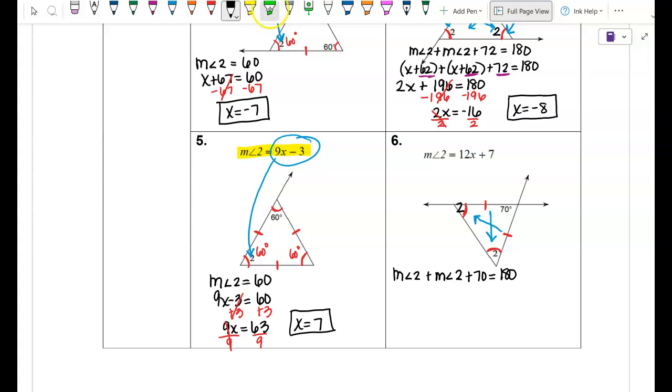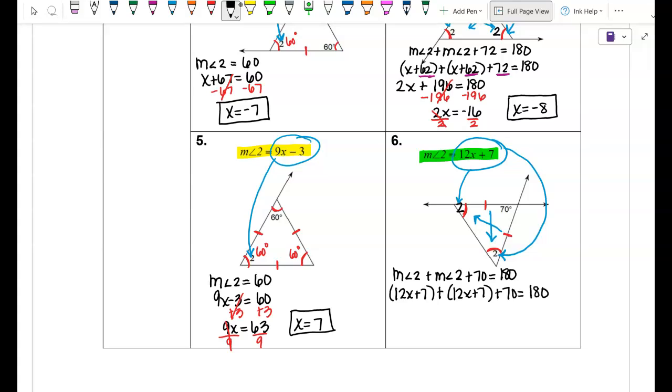But they told us the measure of angle 2 was 12x plus 7. So that 12x plus 7 is what we're going to substitute in for both of those angle 2's. So really I have the quantity 12x plus 7 plus the quantity 12x plus 7 plus 70 equals 180.